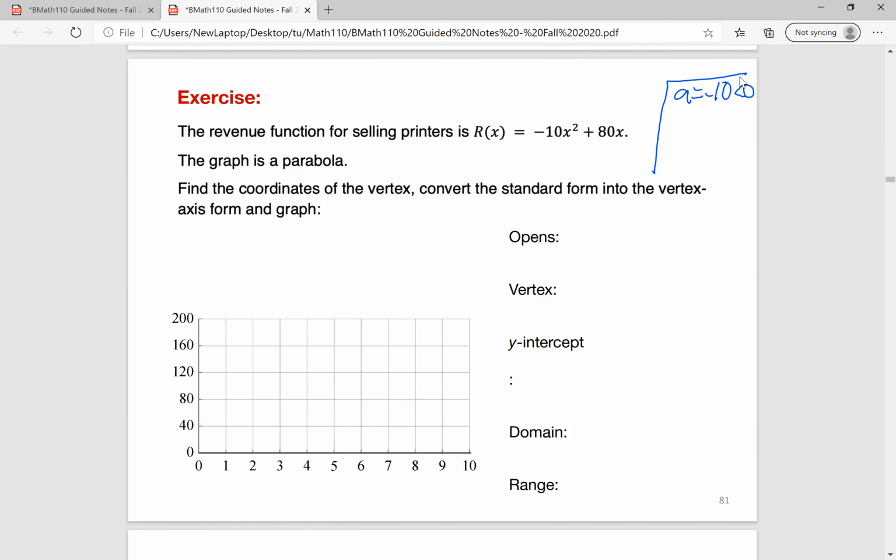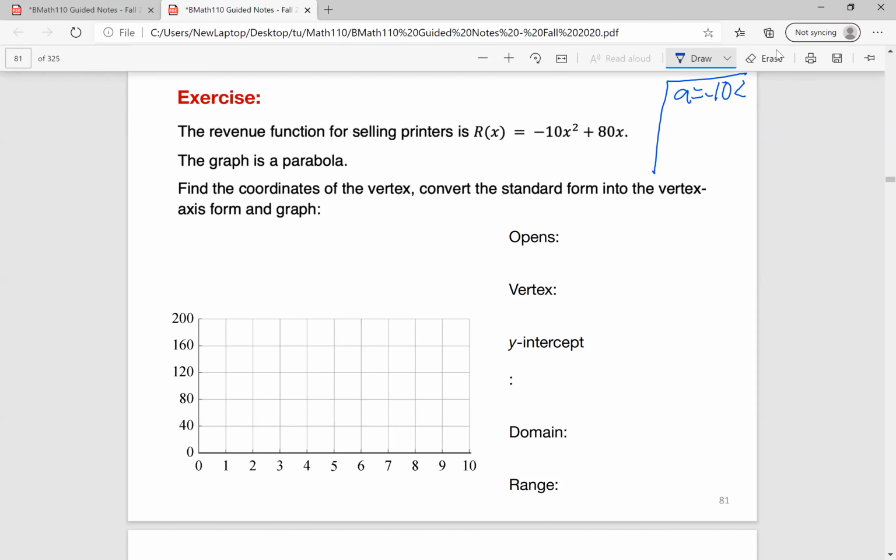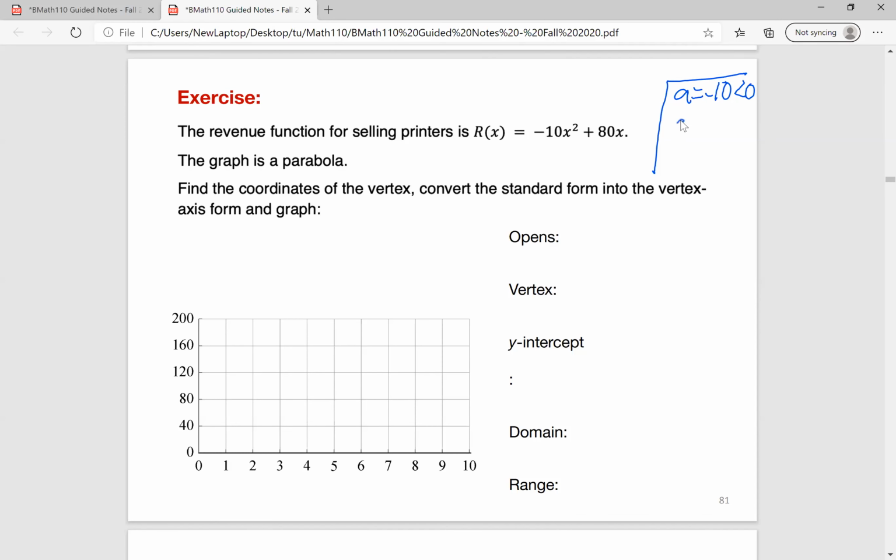So you should know that this should be a downward parabola. And b in here equals 80, right? c in here, I don't have the constant term, so this will be equal to 0. Okay, so firstly, the graph is a parabola, right? Find the coordinate of the vertex easily.